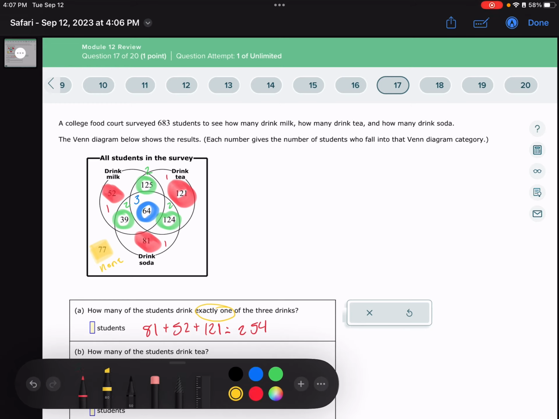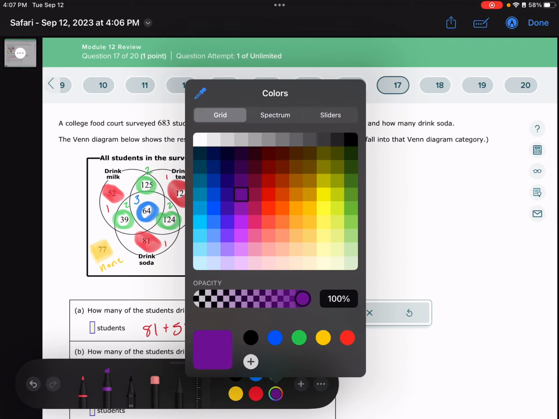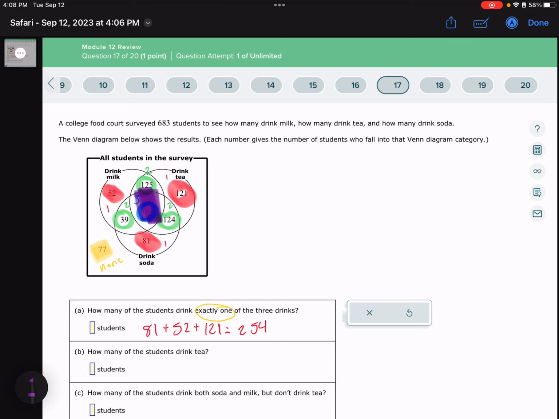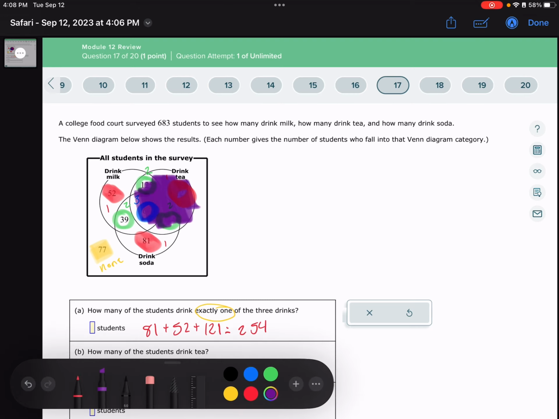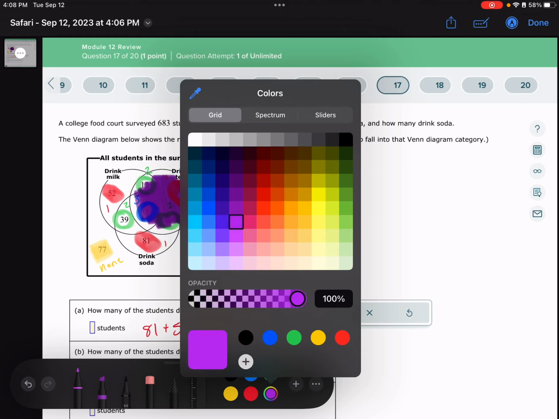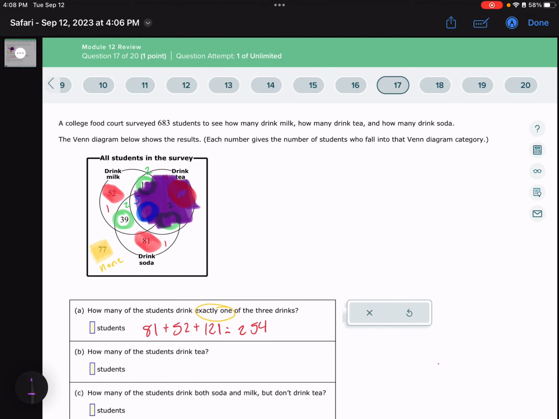My tea drinkers, I'll make this purple, are this entire circle. So I'm going to have 6 plus 12 plus 121 plus 124.